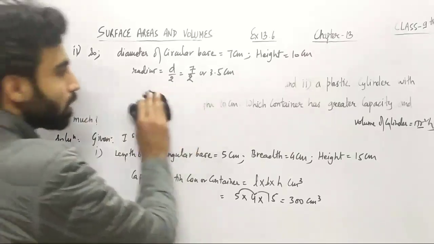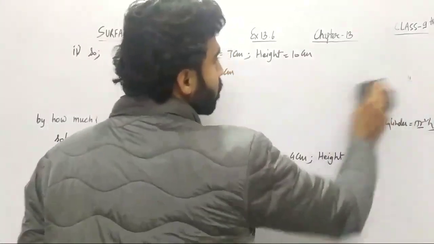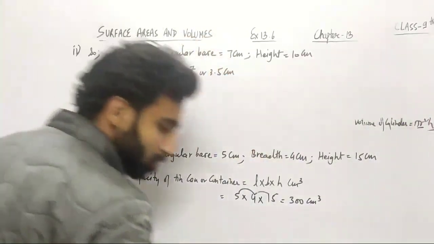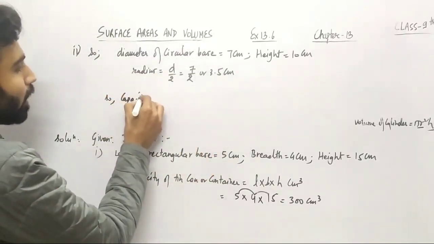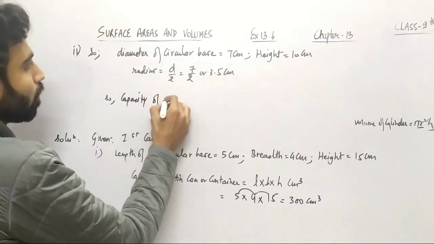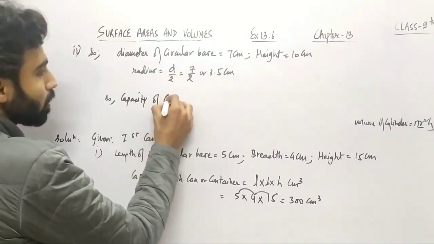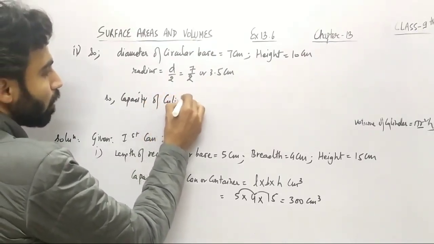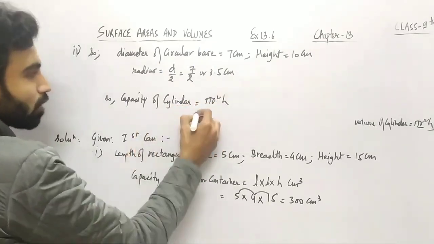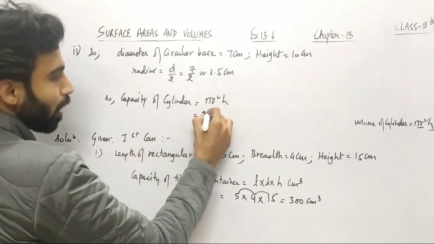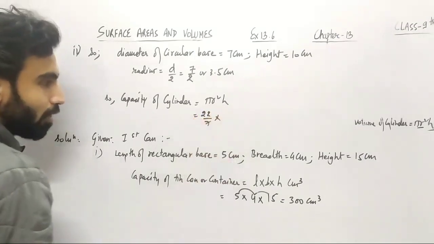So I'm going to erase this. So if I just find out the capacity of the cylinder, so that will be pi r square h, right? So let me just now substitute the value of pi, that is 22 upon 7.